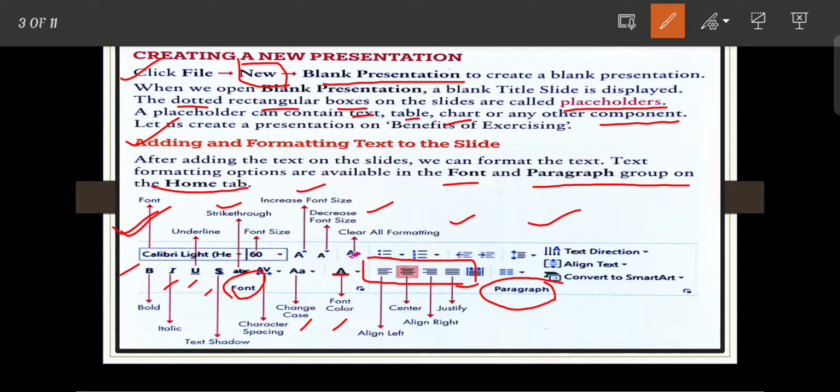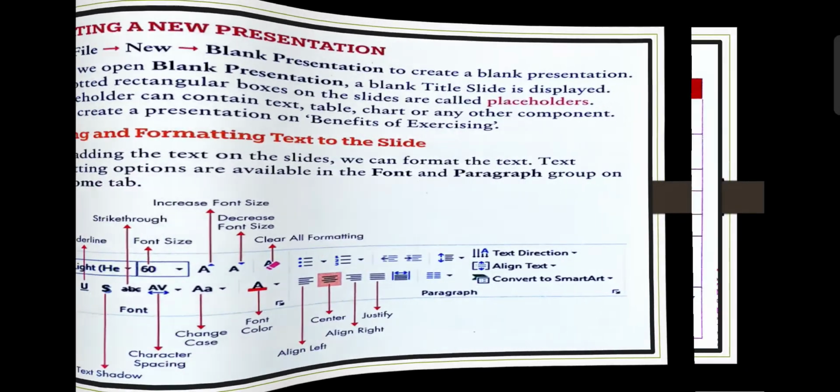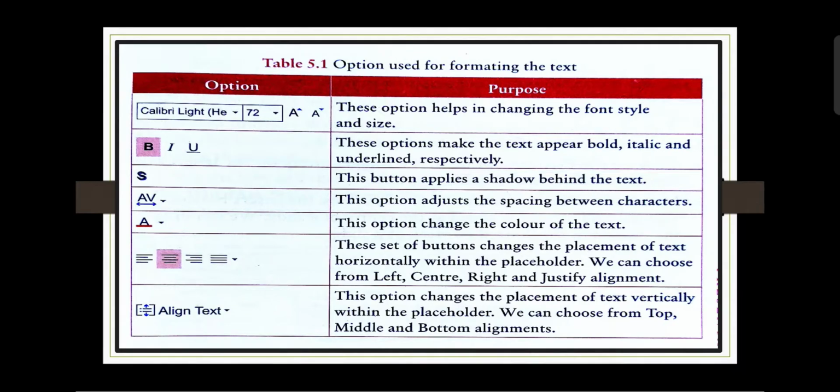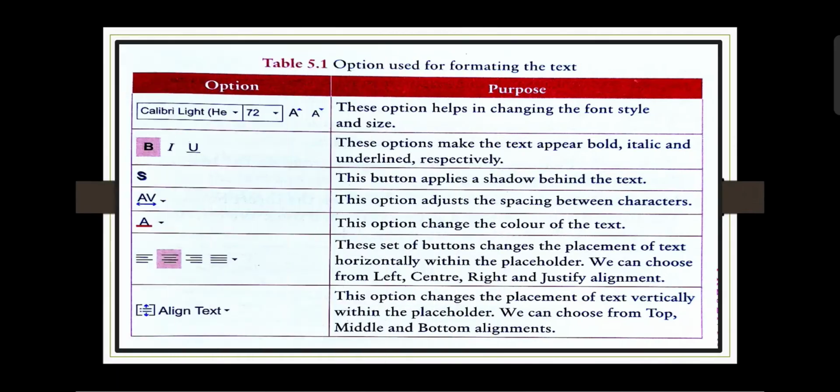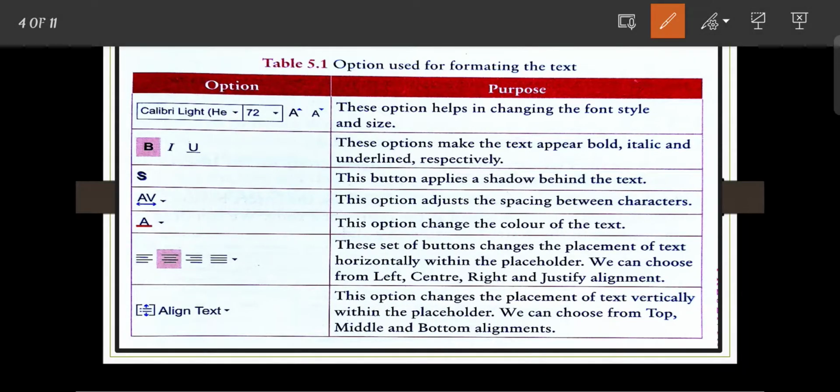Next are the options used for formatting text. The first is the font style option and this is the font size option. These options help in changing the font style and the font size.